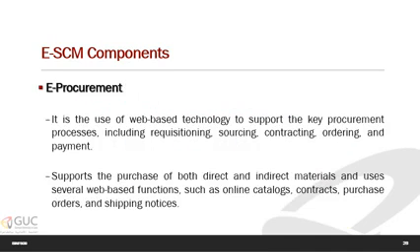E-procurement is the use of web-based technology to support the key procurement processes, including requests, sourcing, contracting, ordering, and payment. The use of e-procurement has many benefits. With the use of this system, companies can monitor and regulate buying behavior, consolidate orders to reduce product cost, eliminate maverick purchases, improve payment processes, and reduce cycle time and administrative process fees.